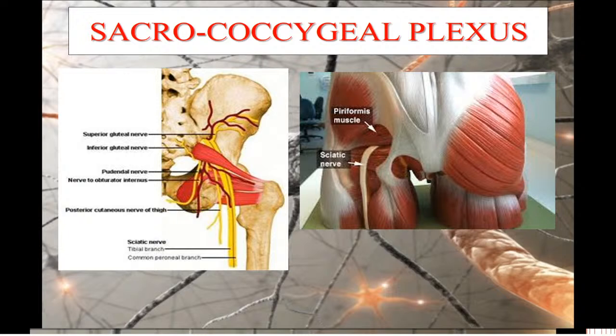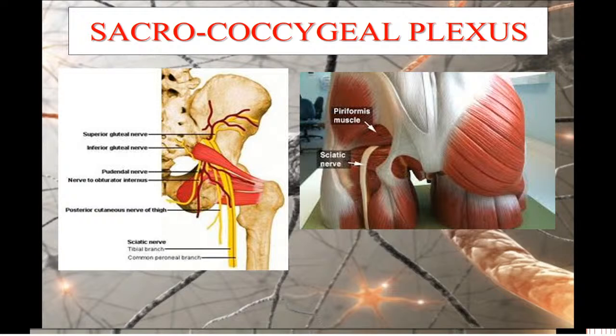In the region of the lower leg, again three compartments. First one is the anterior compartment, second is posterior compartment, and third is lateral compartment. Muscles of the posterior compartment are supplied by the tibial nerve, which is the branch of the sciatic nerve.